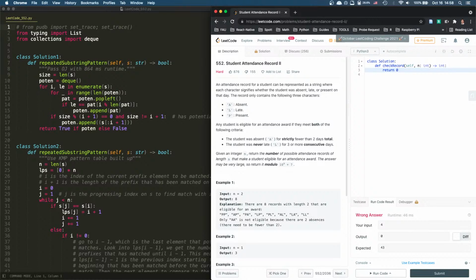So A is the first position, with the remaining we have to do everything. If A is the first position and A the second position, then that's all the way. So that's actually 2, right?